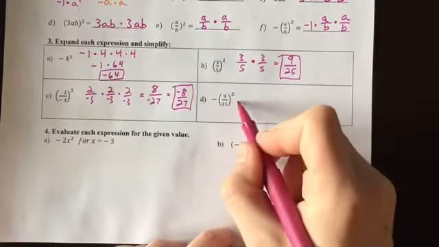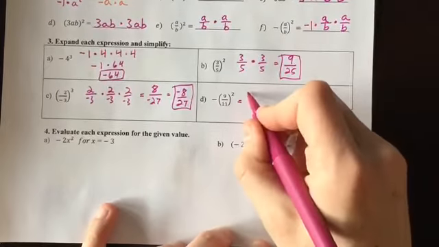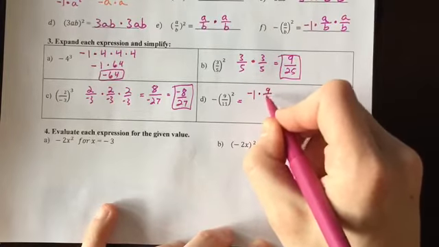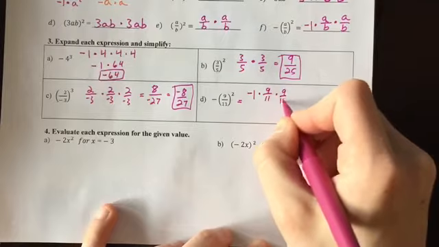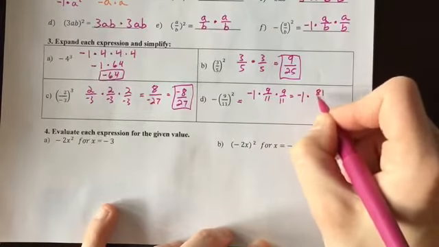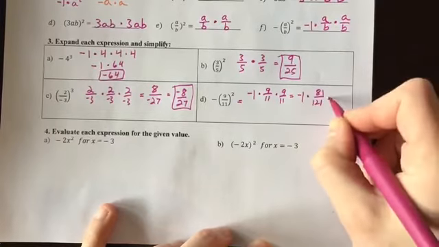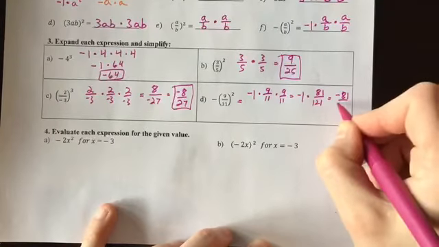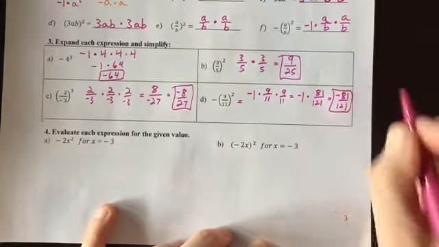And then D, when we expand that, we have that coefficient of -1. -1 times 9 over 11 times 9 over 11. So -1 times 81 over 121, which will just be -81 over 121.